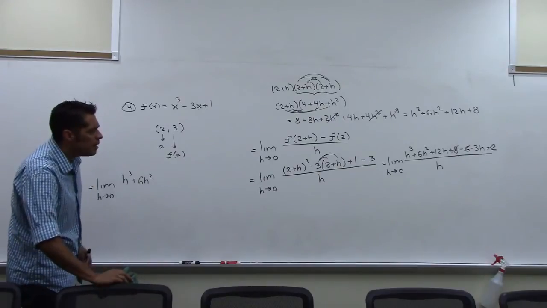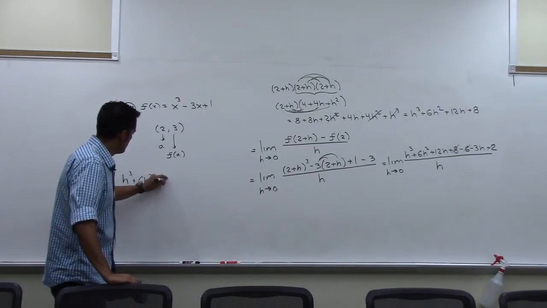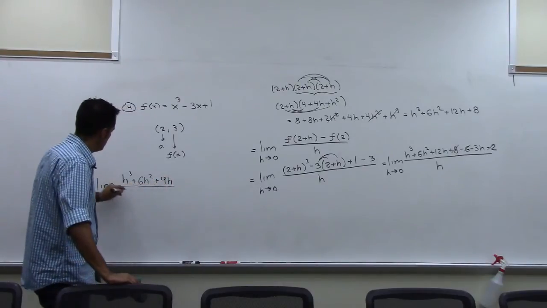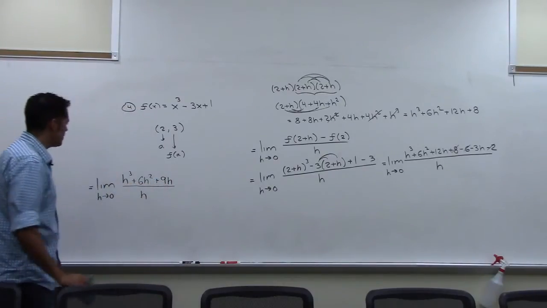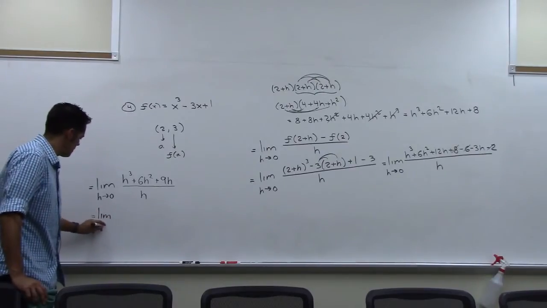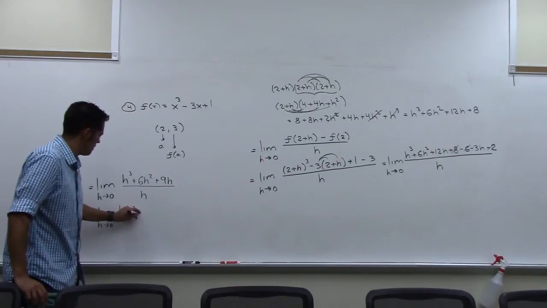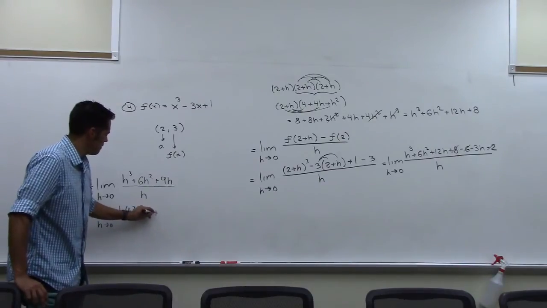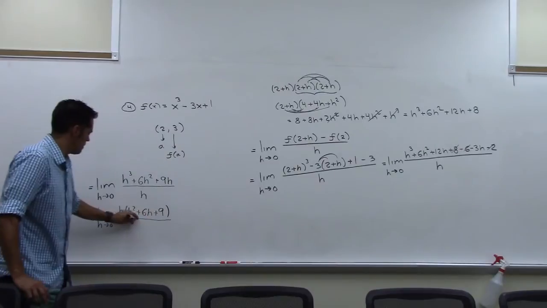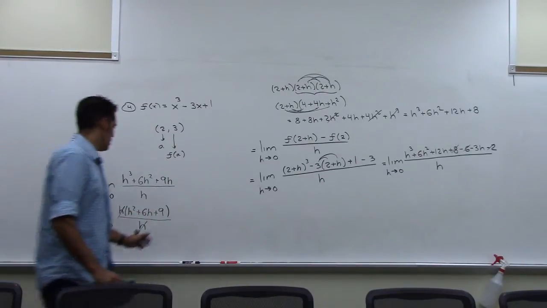And then I think we have, what's that, 9 h's all over h. Factor an h out of the top. Cancel. And we're at the final step.